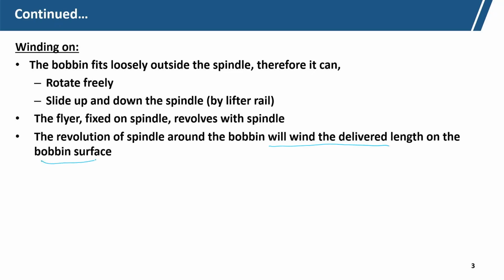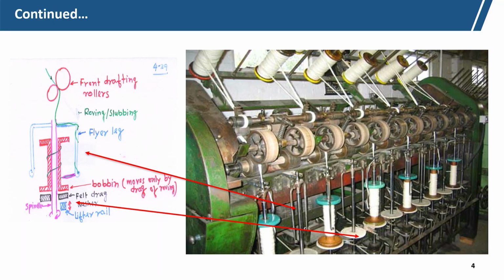That means the spindle or flare revolves around the bobbin, and that is why winding takes place. Here you can see the felt drag washer, and here is the spindle, and the flare is given.